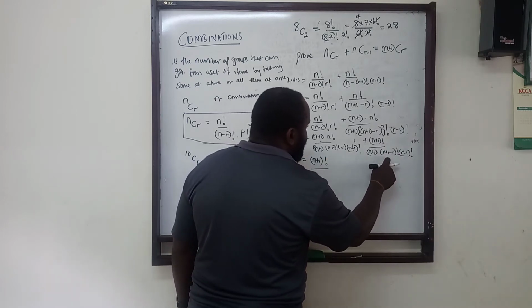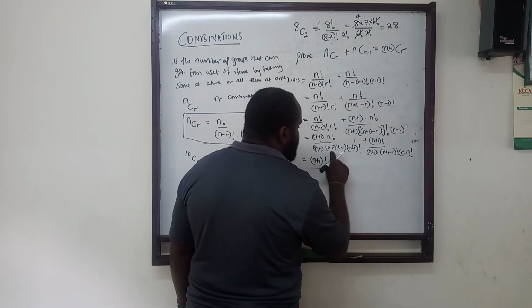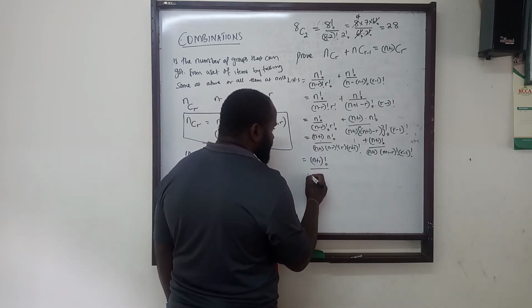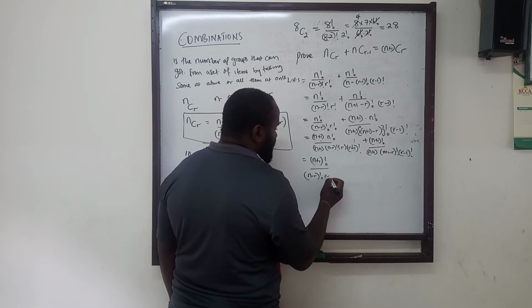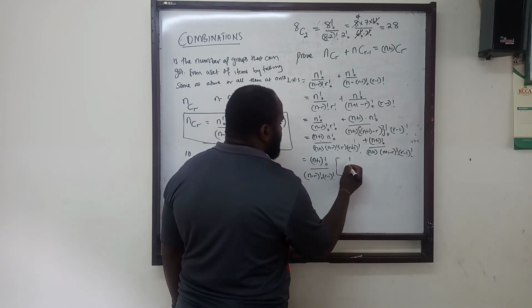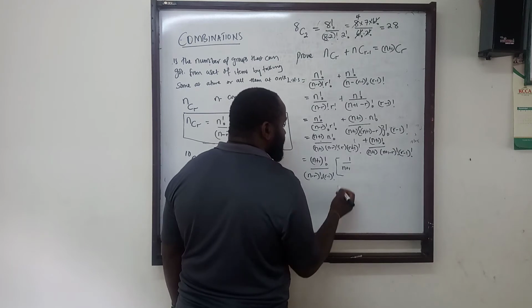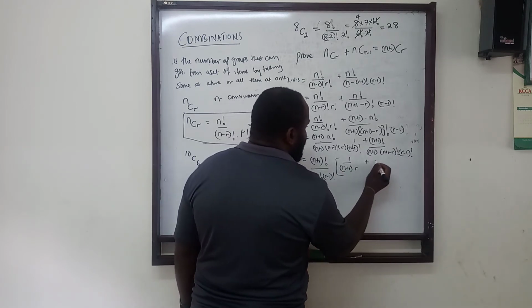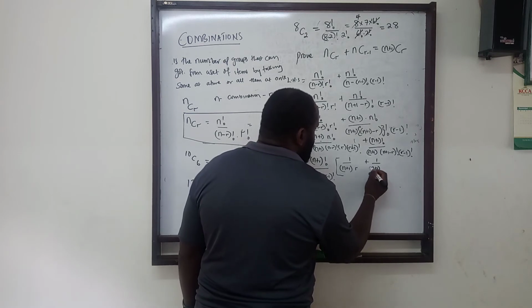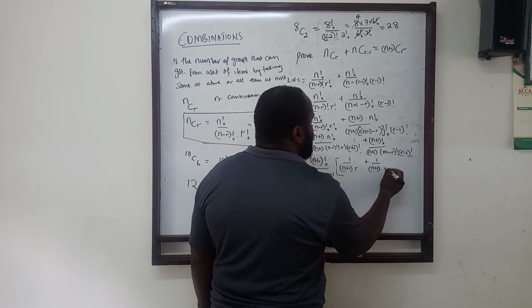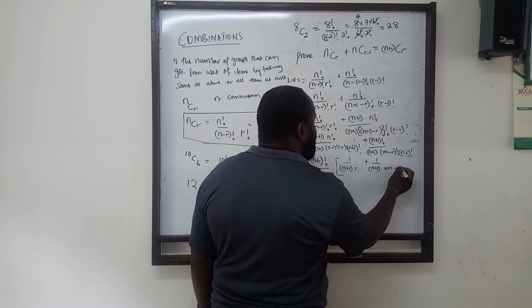So I reduce this term to this, so into (n-r)!(r-1)! into brackets 1 over n plus 1 times r plus 1 over n plus 1. When I reduce this one, I have reduced it by having n plus 1 minus r.